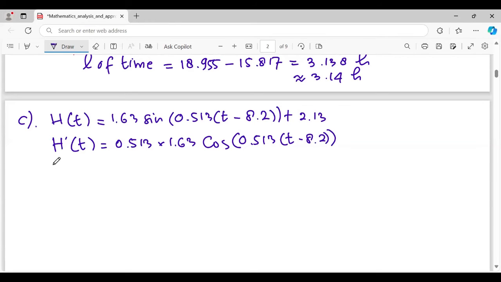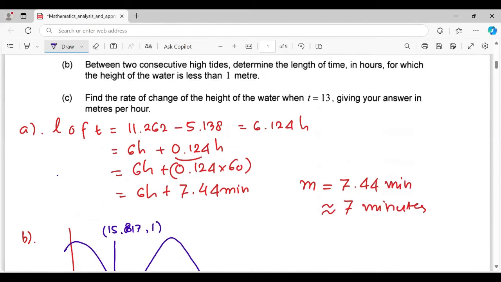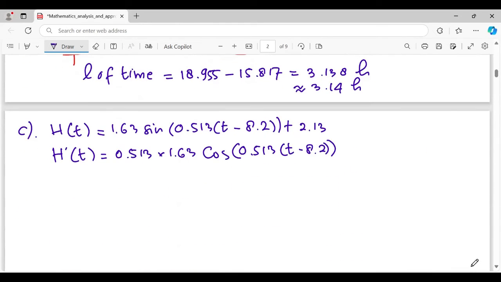And if t equals 13, we have to calculate it first.